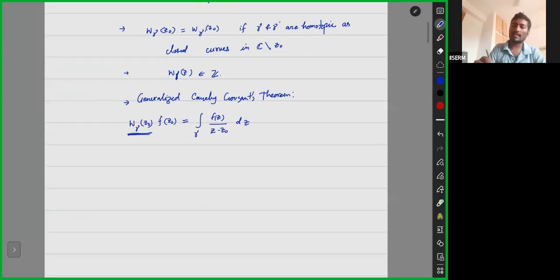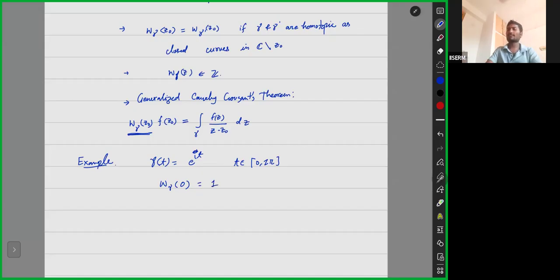Okay. So in an example, you just see this. Gamma of t is e to the power i t, with t running from 0 to 2 pi. Then it becomes a closed curve, and the winding number of 0 with respect to this gamma is exactly 1. We are using the Cauchy theorem.